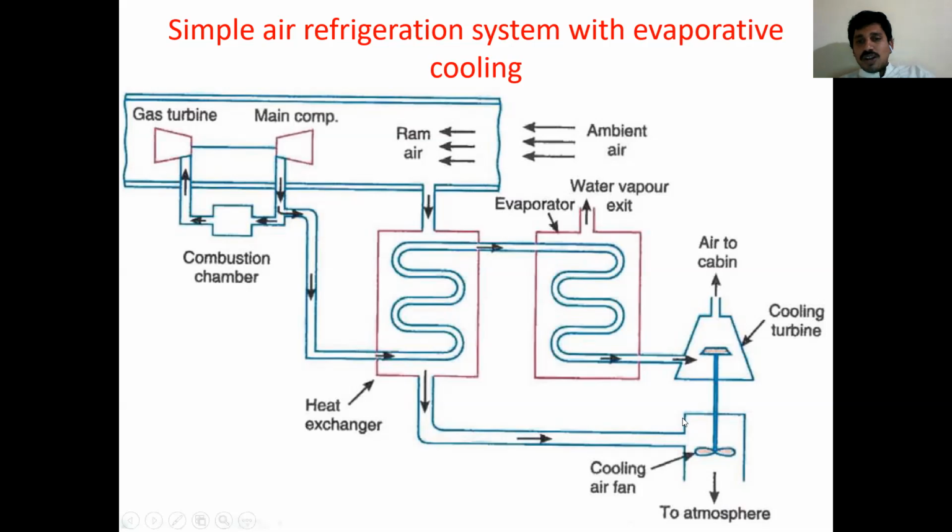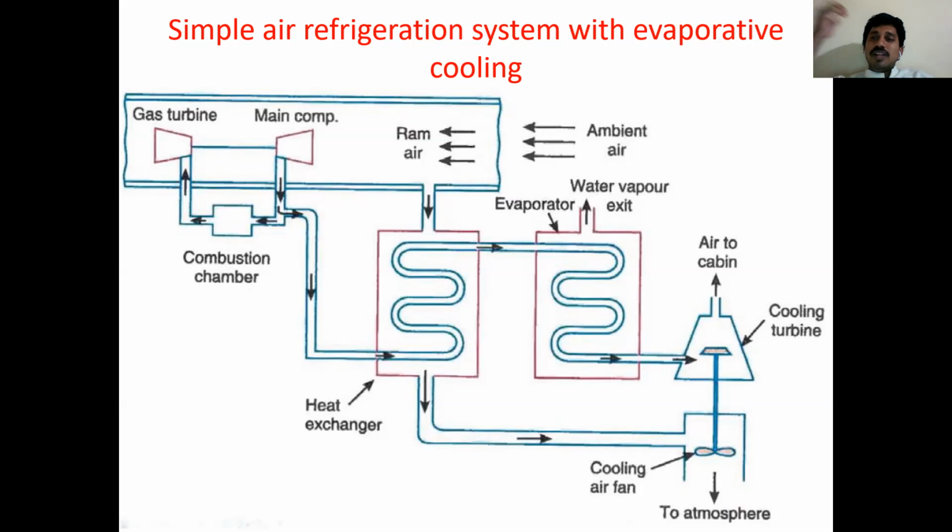After the evaporator, the air coming from the evaporator enters the turbine. Once again, an expansion process takes place here. Expansion reaches cabin pressure, and low temperature will be obtained. With low temperature and cabin pressure, the air will be supplied to the cabin, where heat will be added from occupants or equipment.